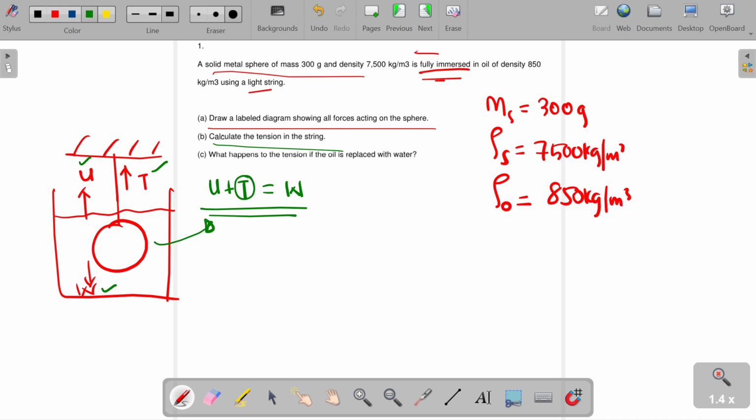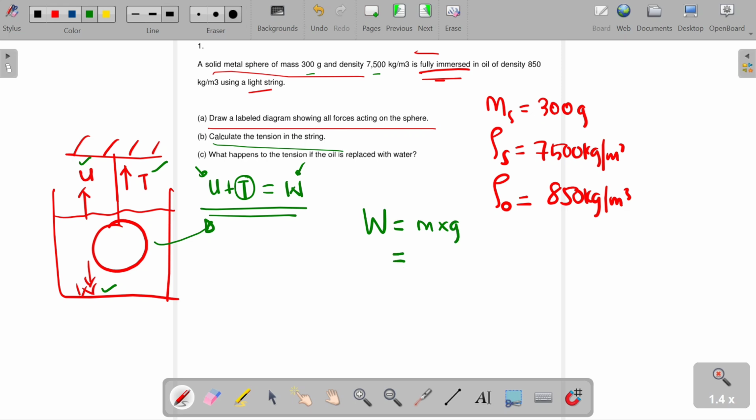How do we do it? First of all, we need to know the upthrust. We need to know the weight of the object in air. What is the weight of this object? We know its mass, we know its density, we can find weight. Weight is equal to mass times acceleration due to gravity, or gravitational field strength.